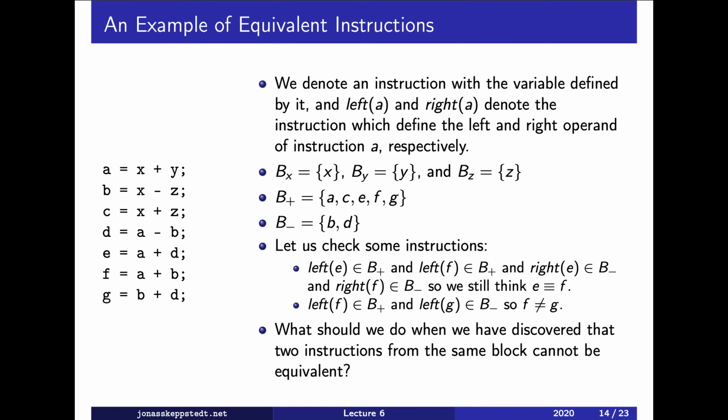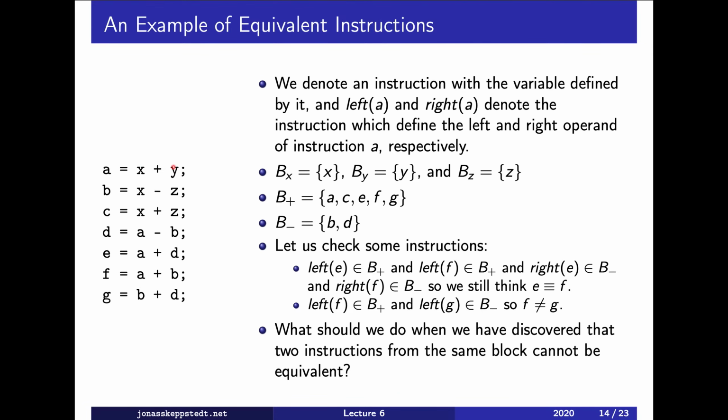So let's look at an example. If we have this code, then we can denote the instructions by the name of the variable which is defined. Okay, left A and right A, by that we mean the left or right operand.